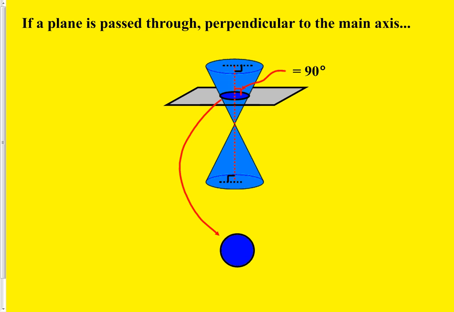And to nobody's surprise, we have the circle. The circle is the result of the cross section of the cone where the plane is perpendicular to the main axis. This is one of the main conic sections that we are going to be studying in this unit, the circle.